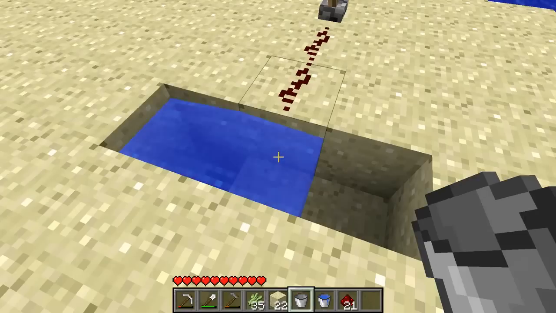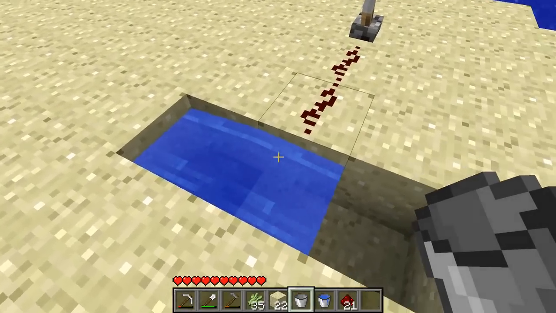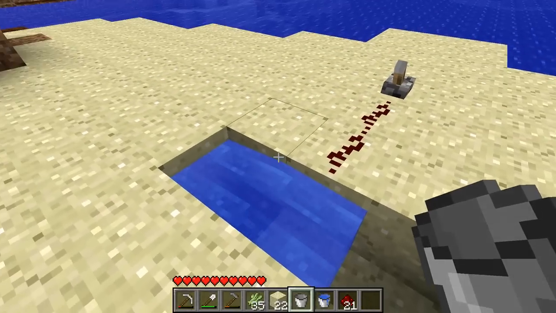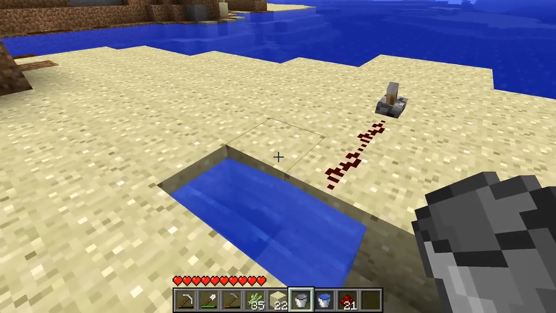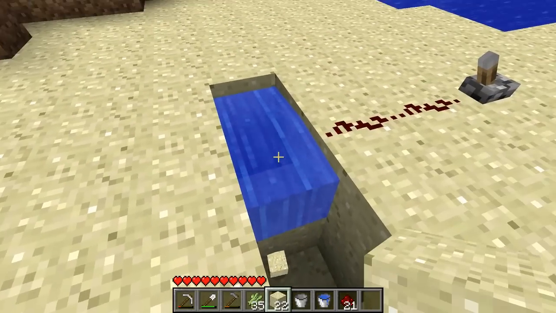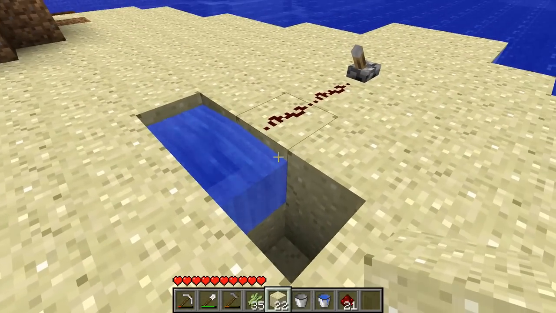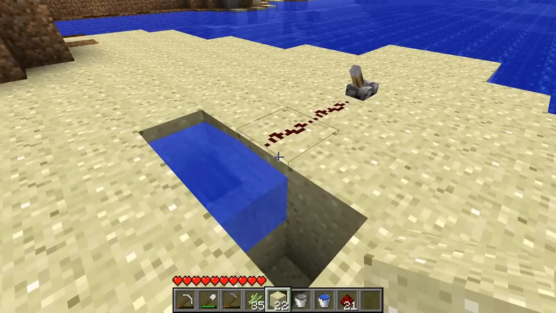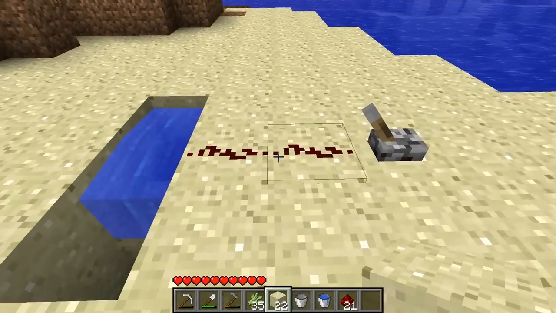Once water finishes spreading, it will not continue to check if it should spread unless a block adjacent to the water gets updated. This makes it possible to control water one time using things such as redstone or levers.